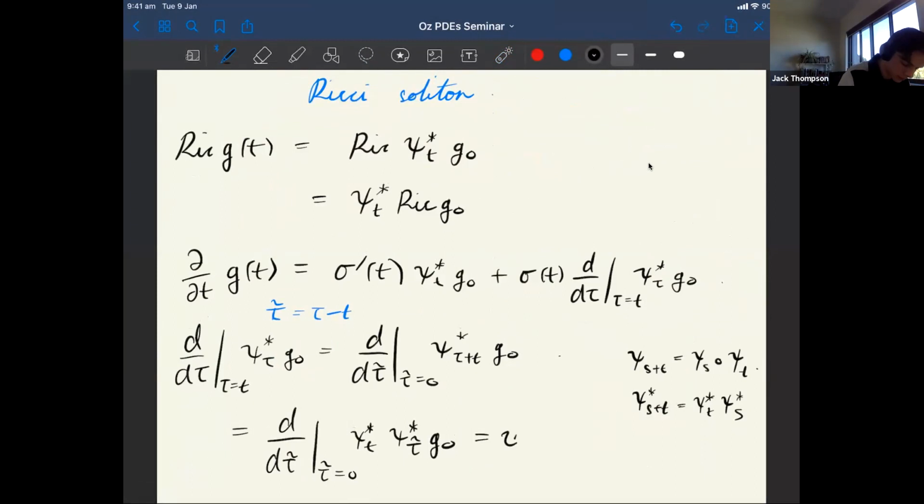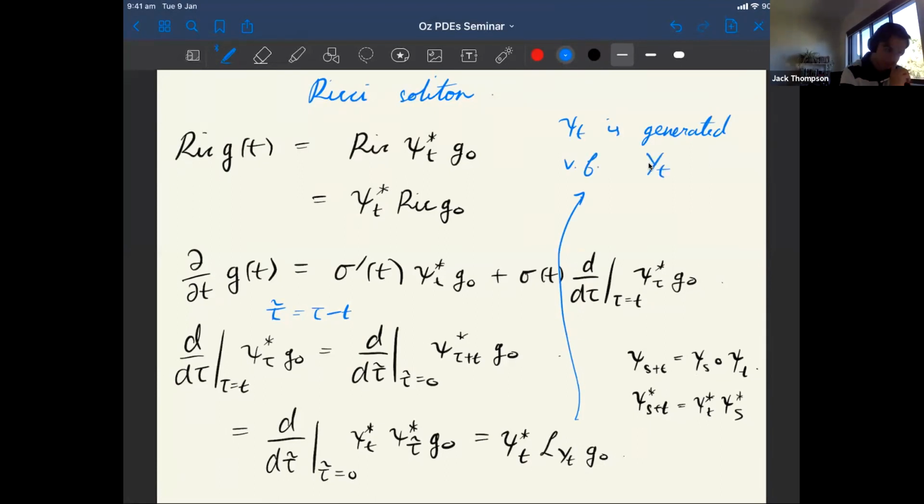So this is precisely this expression here, where psi is generated by some vector field Y of t.